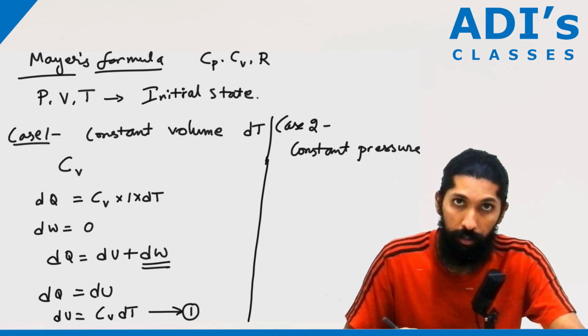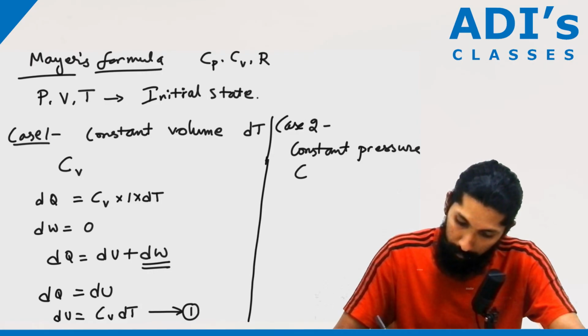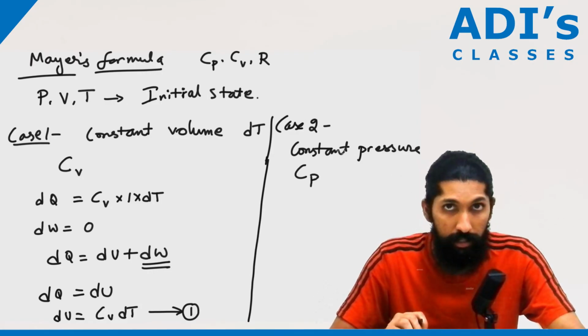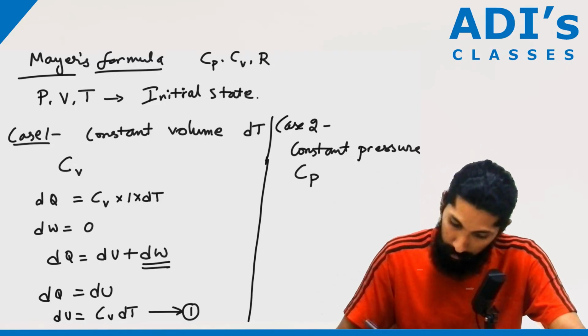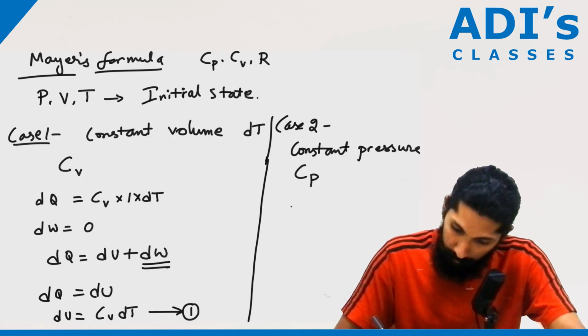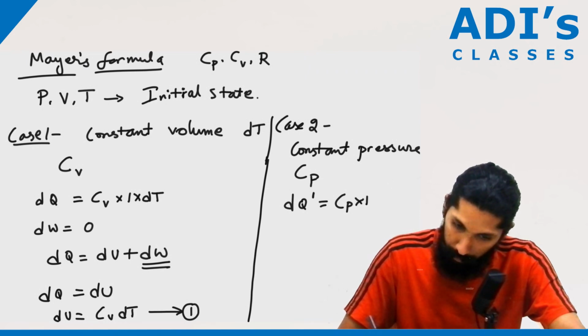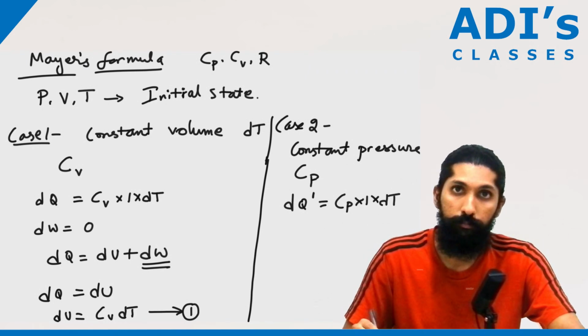Here we have the parameter Cp, the specific heat of the gas at constant pressure. Again we have dq, say dq dash. So dq dash will be Cp into 1 into dT, where dT is the change in temperature.